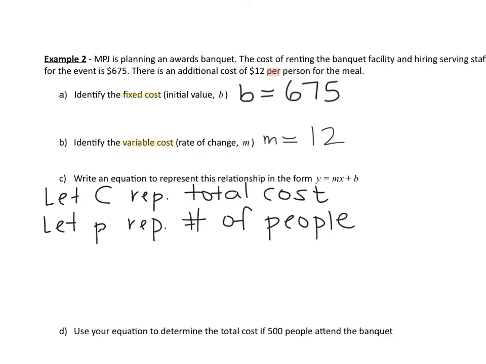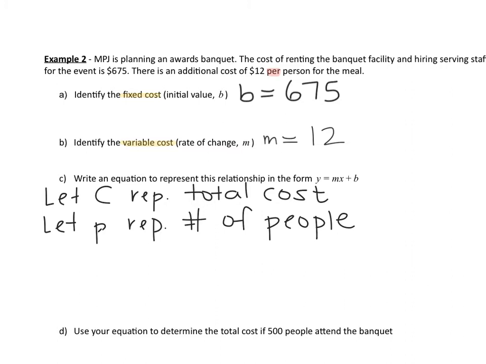So it's the number of people that are attending this awards banquet. So M and B, I already know, so I'm good to take those values and just insert them into my equation template of y equals mx plus b. The only thing here now is the y and the x. Because I've chosen not to use y and x, I'm going to use c and p. So I just need to think about this logically and think about which variable would be plotted on which axes.